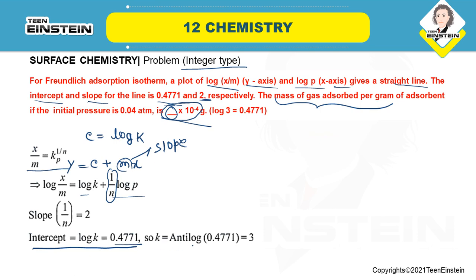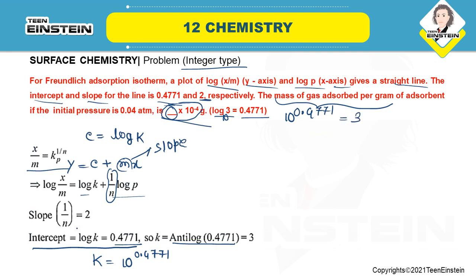From this you can find out the antilog. Antilog is basically K equal to 10 to the power 0.4771, or it can also be written as antilog of this. Now here it is given that log 3 equal to 0.4771. So it means, with base 10, 10 to the power 0.4771 is actually 3.